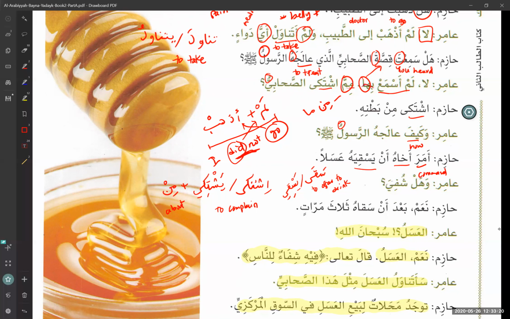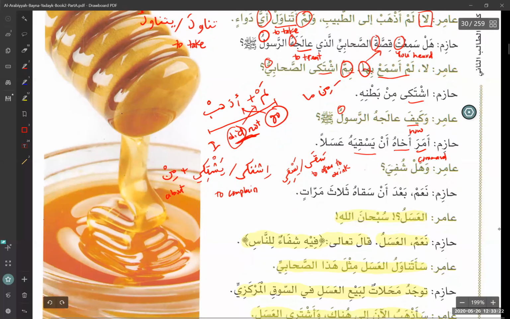the honey. Okay. Then wahal shufya, I'm asking, was he cured? Shufya is from the word shafa, shafa yashfi. The original word is shafa.